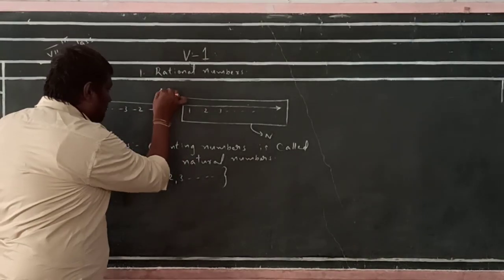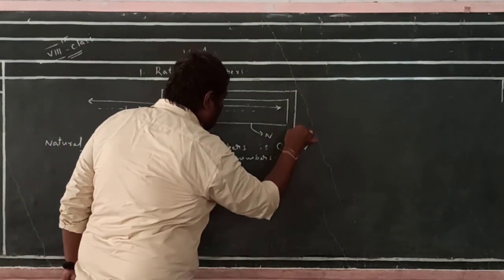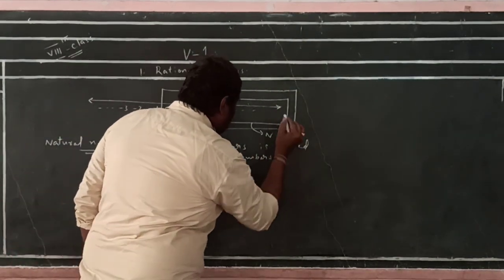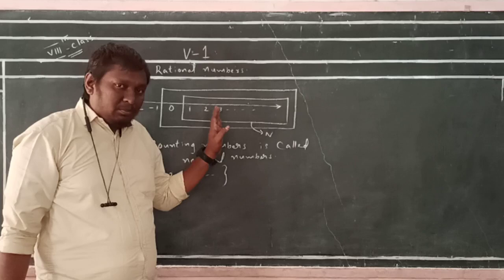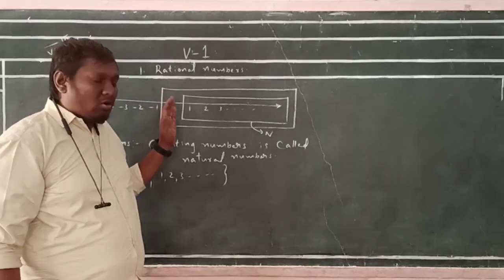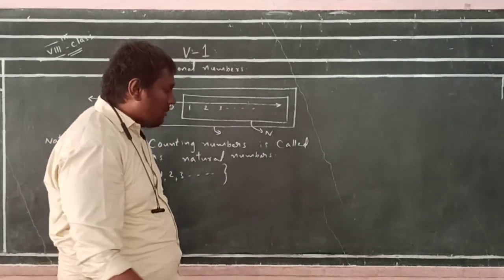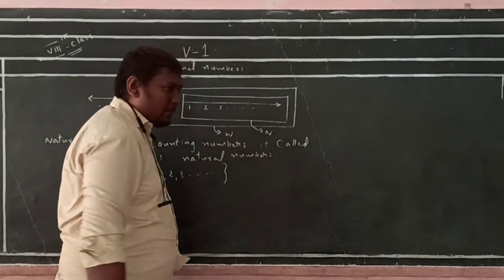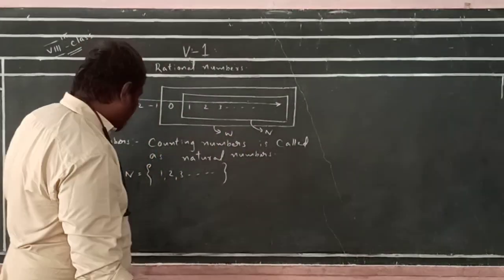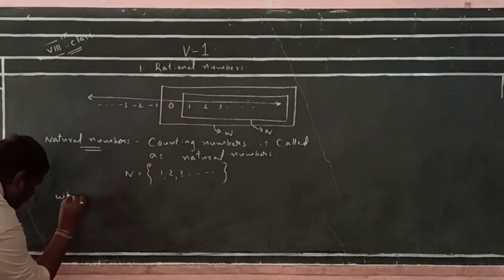Next. Here the natural numbers including 0 are called whole numbers. The whole numbers are denoted by W. Okay, whole numbers.